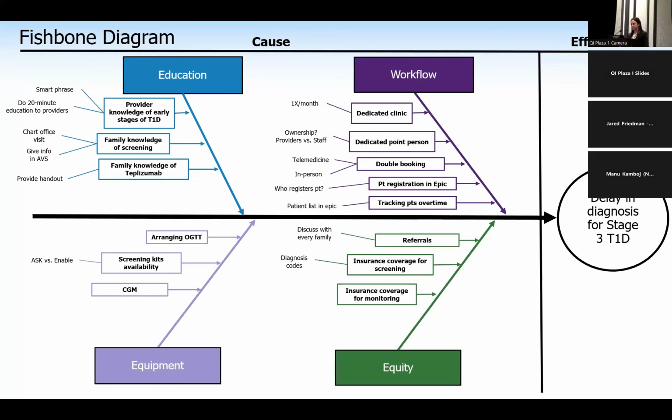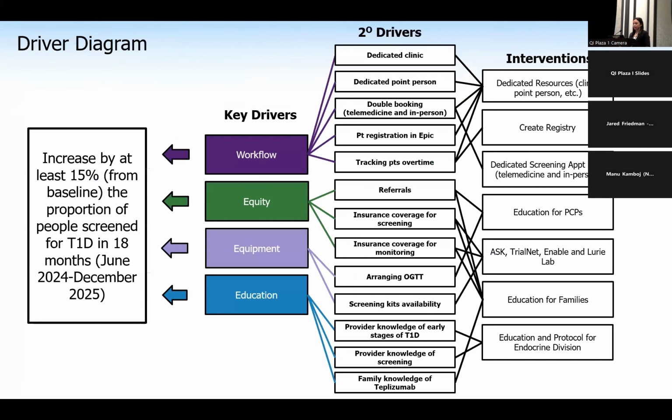In our fishbone diagram, we first wanted to identify 4 key categories that were contributing to our low screening rates, because we were having issues initially with the project with screening. So we identified education, workflow, equipment, and equity. Then we went on to develop our key driver diagram.